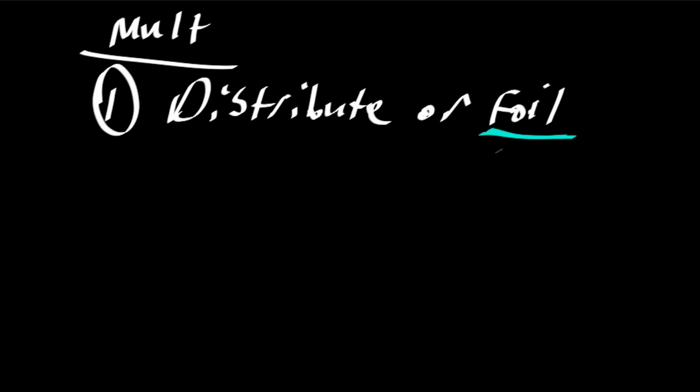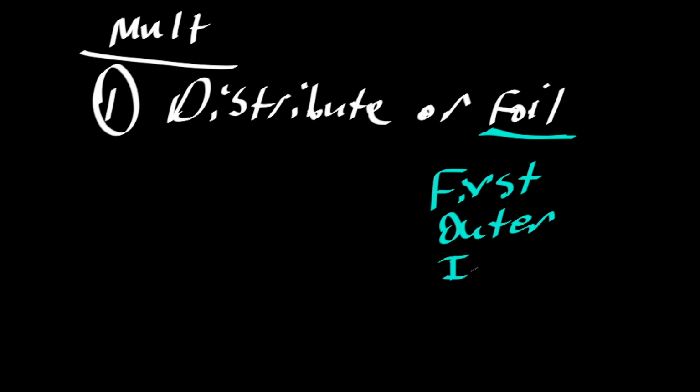Basically, FOIL is a method of distributing, which you do first, outer, inner, and then last. I'll talk about that more as we do the problems, but that's what I mean by FOIL.